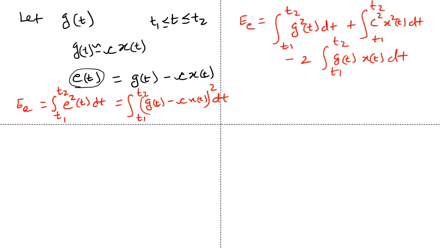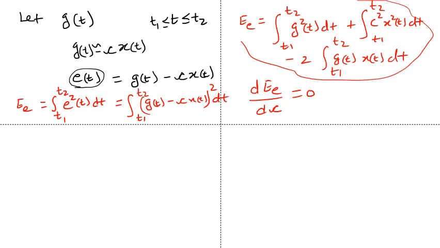Our goal is to minimize the energy. So we can differentiate this E with respect to c and then equate it to 0. One thing is missing in this expression: c should also be there in the cross term. That's fine.